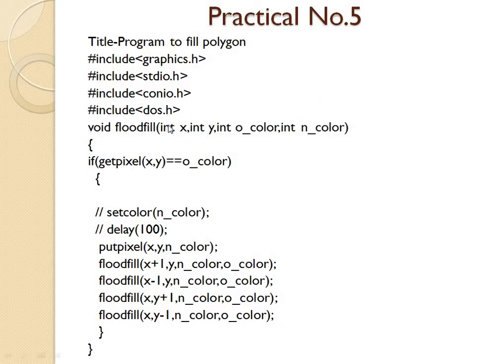In this flood fill function, int x, int y, int old color and int new color; these 4 parameters are declared using data type int, that is x, y, old color and new color.